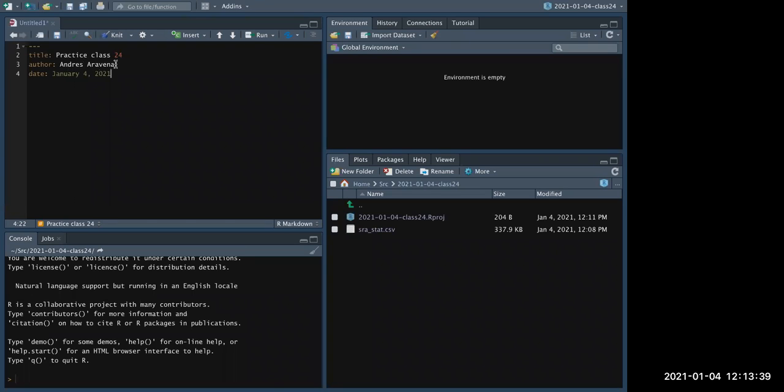I am forcing myself to write 2021 because I am still writing the old year. When we use dates, it's always the problem that you write the wrong date. It's super typical.